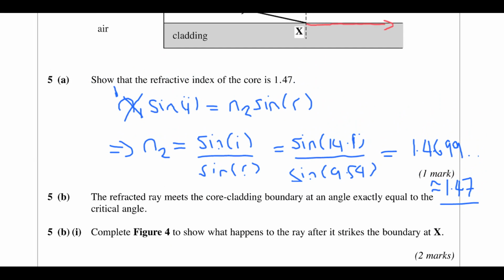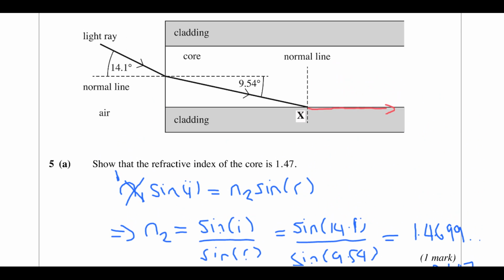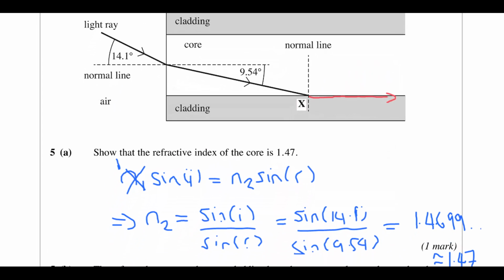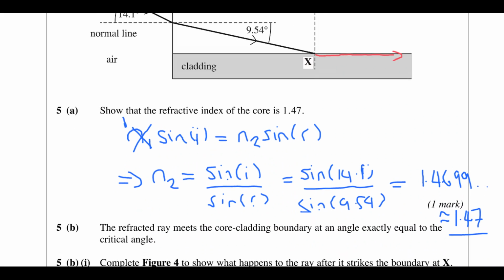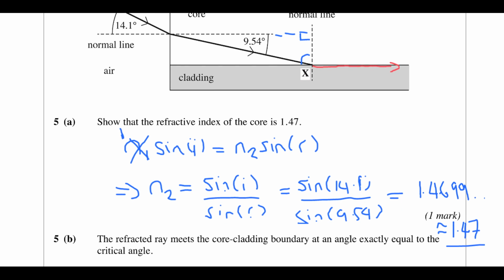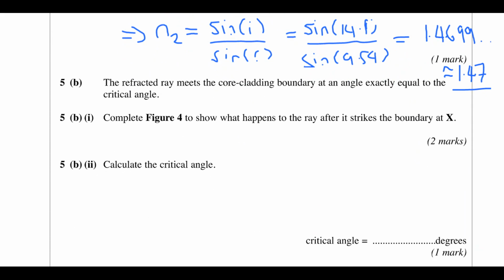So we've got the refractive index of the core. Do we have the refractive index of the cladding? No, we don't, but we can, from the diagram, work out what the angle is. So I'm going to create a right angled triangle here. This is the angle of incidence, which must be the critical angle. So actually it's going to be 90 minus 9.54 there.